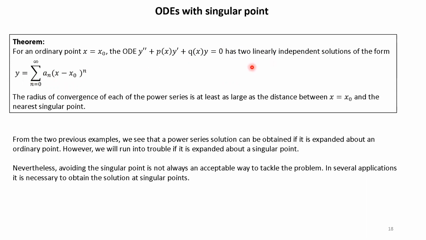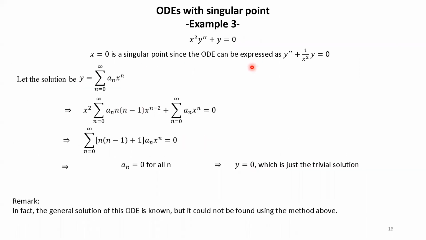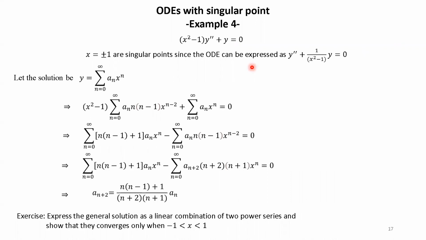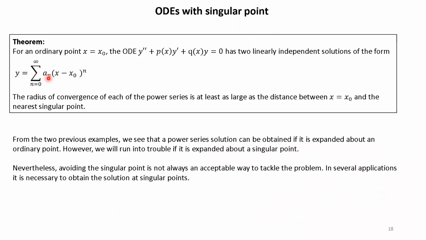However, the series that you get will not converge at the singular point. But now you have these two different examples. One is not working, the other is working. So why is that? It's because when you let the series, the point that you pick, this x0, cannot be at the singular point.